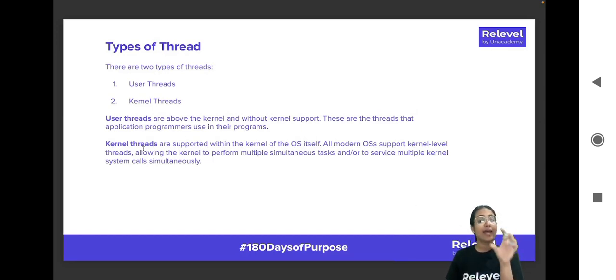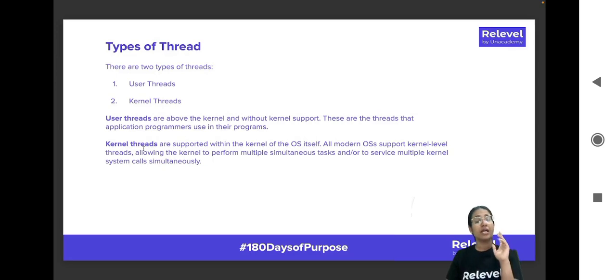There is a thread control block and a process control block in the system: for every thread we have a thread control block, and for every process we have a process control block. The kernel level thread is implemented by the operating system, whereas user level threads are implemented by the user.